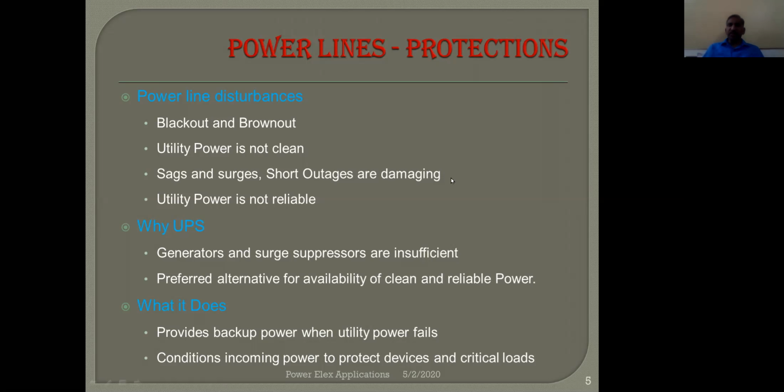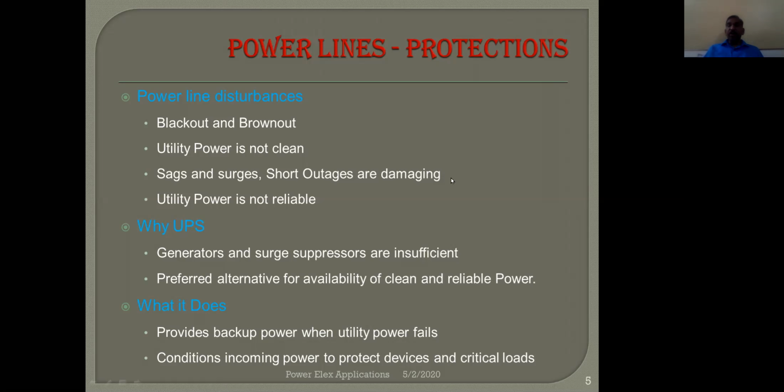Blackout means complete absence, power failure. And brownout deals with conditions which are undesirable, like single phase AC voltage falling below 160 or rising above 270, or some frequency deviation like 49.5, etc., which is a rare case, but it may happen.